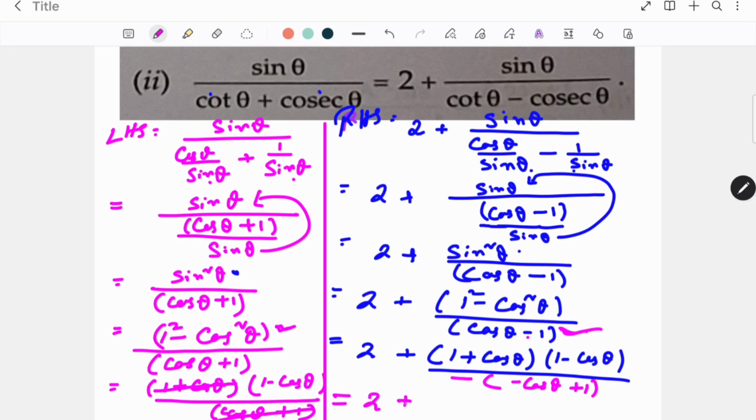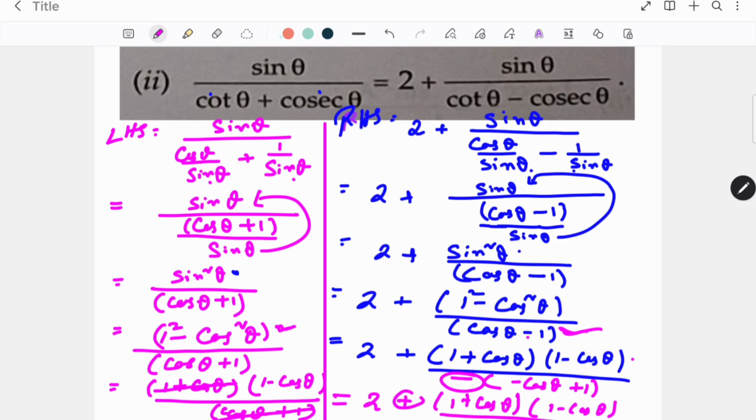2 as it is. This one is 1 plus cos theta. Next one is this 1 minus cos. As we have taken this minus common, this sign will change.